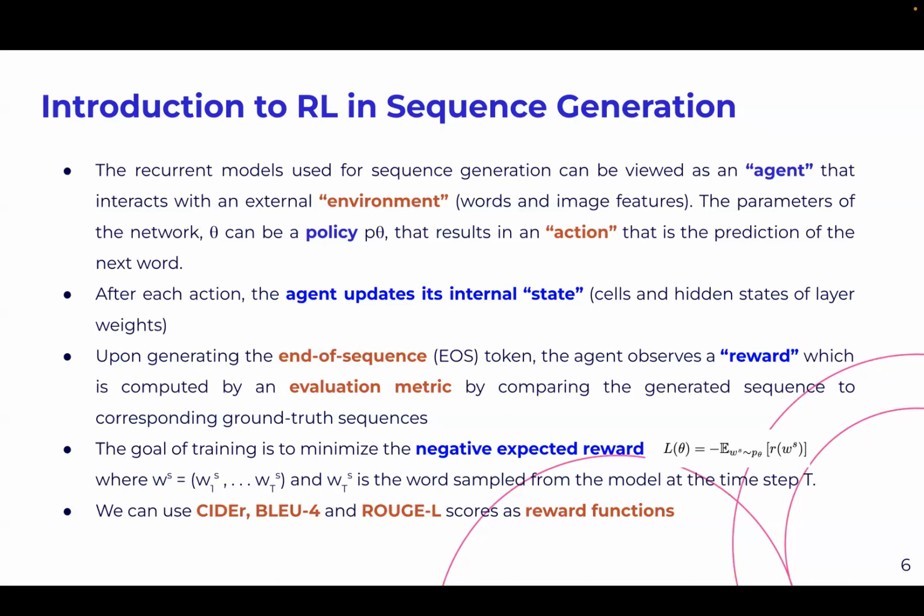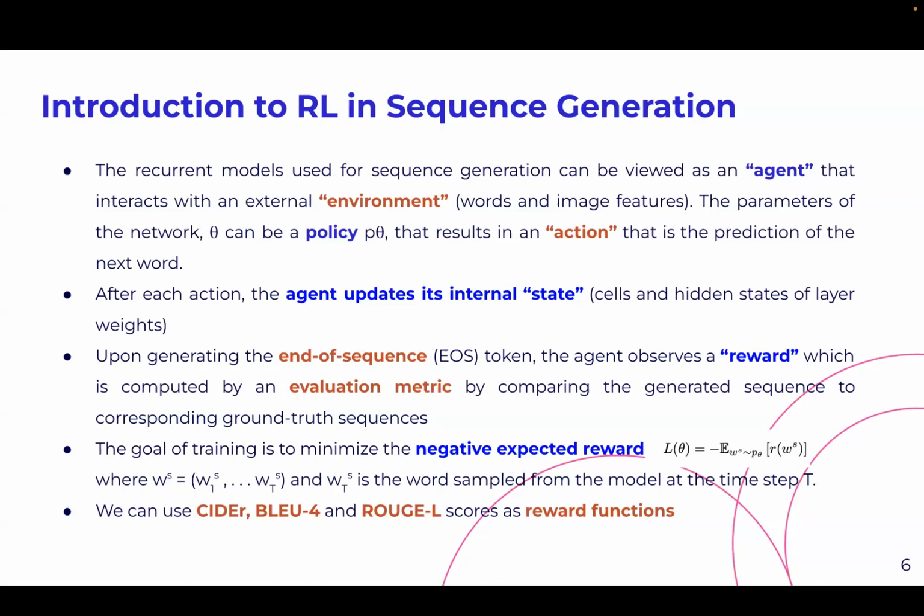Suppose 5,000 is your vocabulary size, and given that you have already generated 2 words in your sequence, the third word will be dependent on the first 2 words, and the third word is chosen from the vocabulary of those 5,000 words.